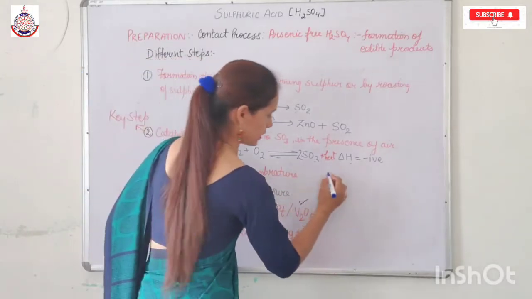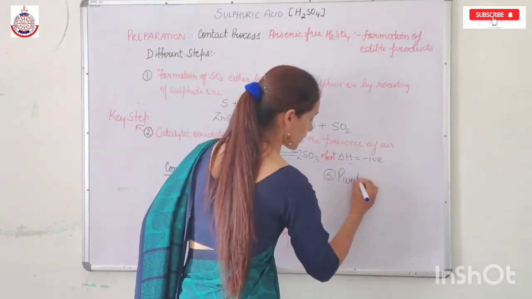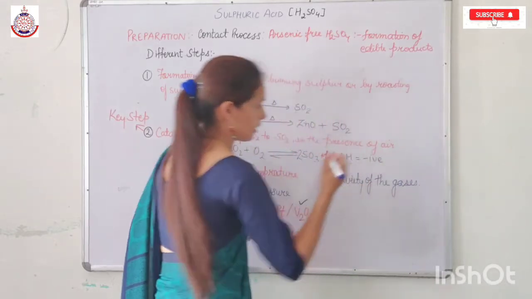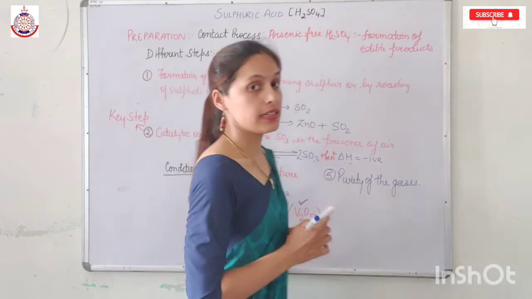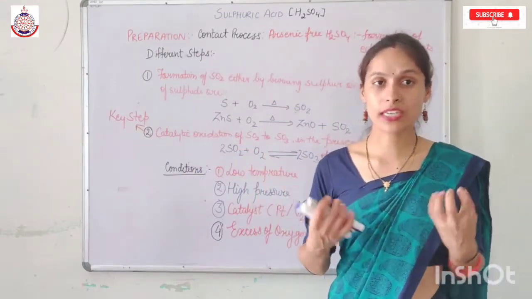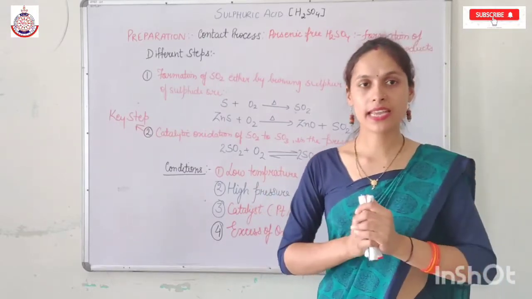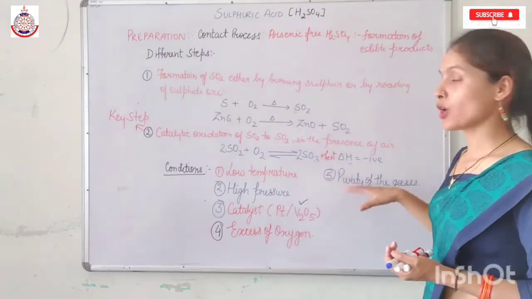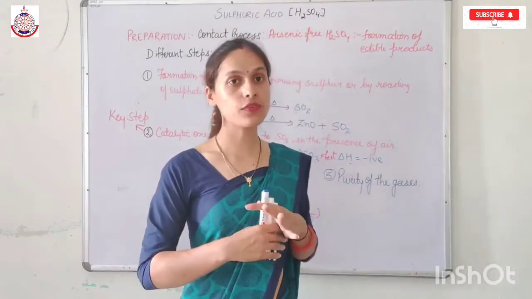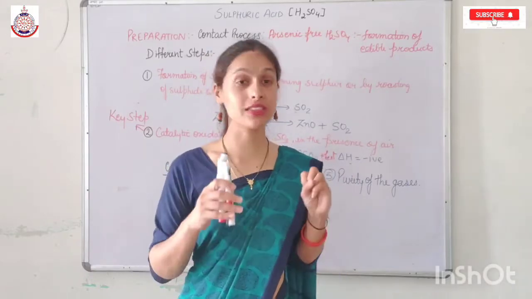And the fifth condition, a very important condition, is the purity of the gases. We are studying from the start that arsenic impurities are present in the sulfide ore or in the sulfur dioxide gas. So there should be purity of the gases. If we have pure gas, then the yield of SO3 is good, but if we have impure gas, then the yield of SO3 is not good.